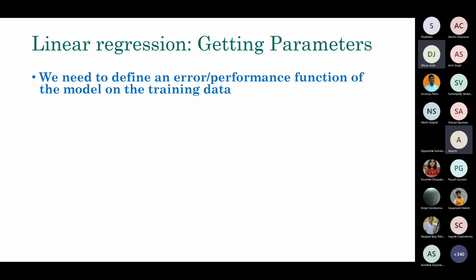So here also, in order to get that, we need to define an error or performance function of the model on the training data. The error or performance function will tell you how well the model is actually doing, given a particular configuration of the parameters. If it is not doing well, we have to do something else. If it is doing well, then you can stop. So the performance error function needs to be designed first.